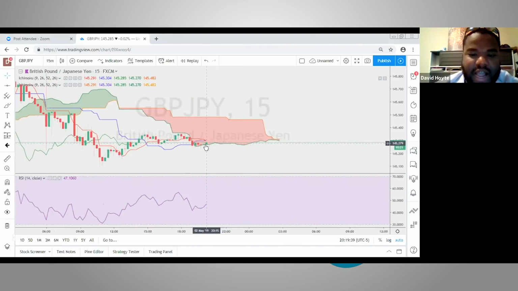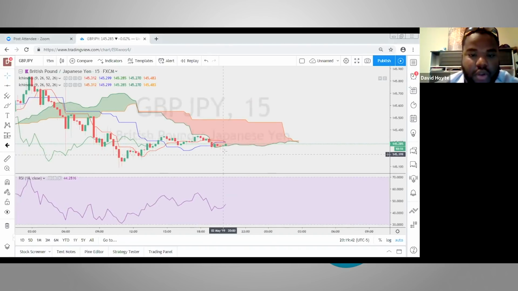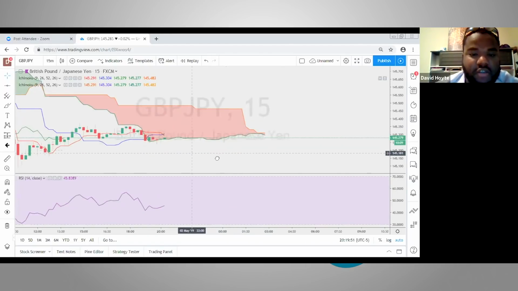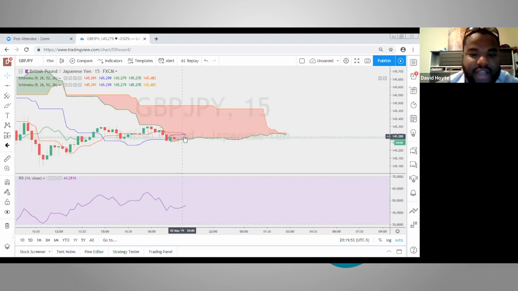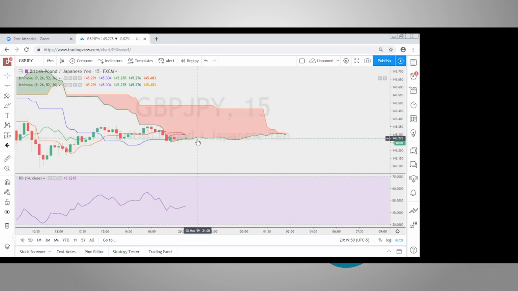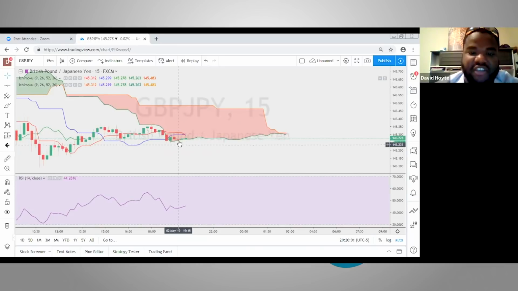So even though these lines cross, which is good for a sell on that downtrend cloud, I think after this next 10-minute candle finishes, we're going to have horizontal lines again, which is consolidating. So that's just confirming the consolidation.